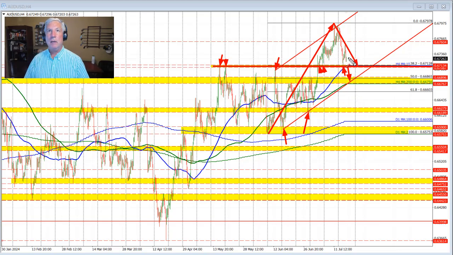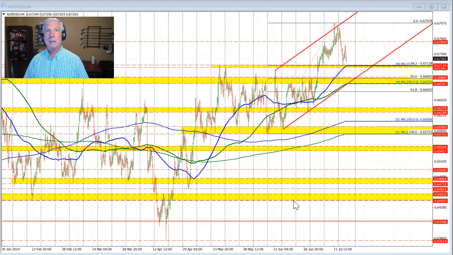pair. On the top side, if we were to move back to the upside, you just have to look, I guess, toward the high price that we saw in trading today, right through here, followed by this high price that we saw in last week's trading, early last week. That level was broken later in the week, and we came up and broke through the topside channel trend line right through here, but then reestablished resistance against the channel line right there.